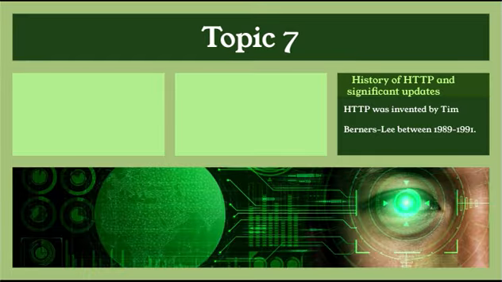Topic 7. History of HTTP and significant updates. As I've mentioned already, HTTP was created in around the 1990s, specifically 1989 to 1991 by Tim Berners-Lee. At first, HTTP wasn't really called that.